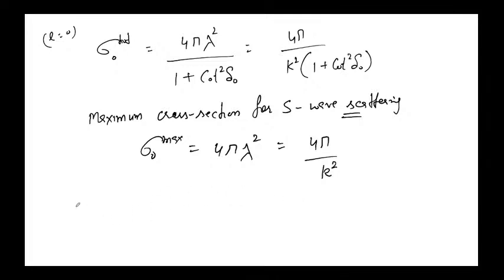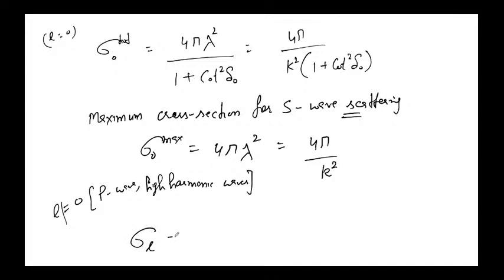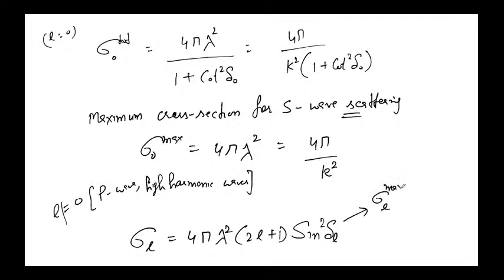But for L not equal to 0, that is for P wave or the higher order harmonic waves, the value of the total scattering cross section is 4 pi lambda square (2L plus 1) into sine square sigma L, and the maximum value for higher order harmonics is 4 pi lambda square (2L plus 1).